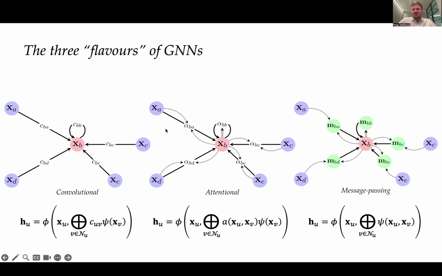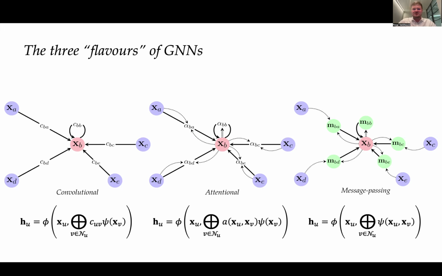But yeah, the general components you need to keep in mind are: we have this message function psi, which looks at the features of a neighbor and computes the vector to be sent across that particular edge. Then you have this aggregation function, O plus. This is anything like summing, averaging, maximizing, anything which is permutation symmetric, so it doesn't depend on the order of the operands. That combines all of the messages into one.